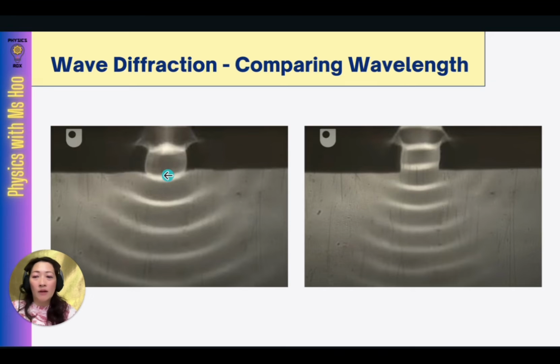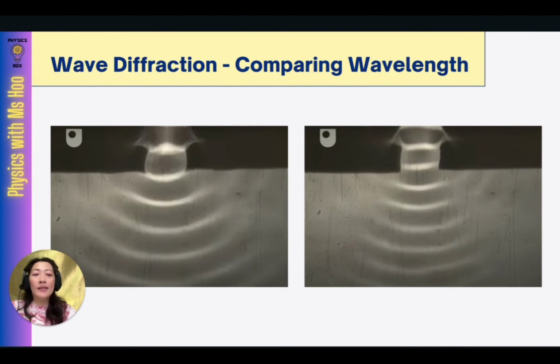The wave with the longer wavelength has a wider spread compared to the waves that have a shorter wavelength. As you can see, the spread from here to here is longer compared to the spread from here to here. So what this tells us is that the wavelength that is longer will have a greater diffraction.